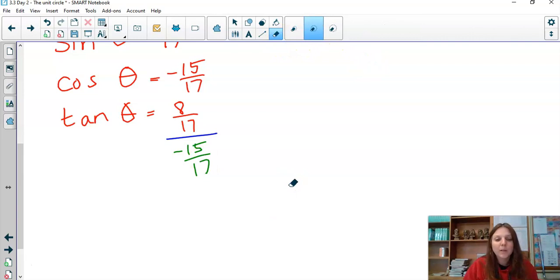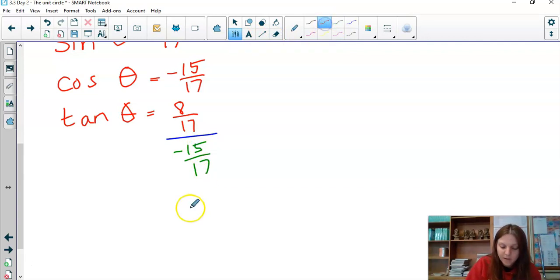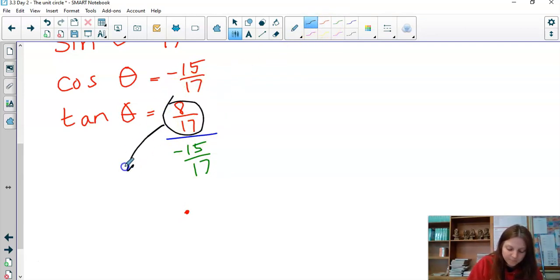So I'm going to have to simplify it. You're not able to divide by a fraction. Instead, you multiply by the reciprocal of that fraction that you're trying to divide. Okay, so I'm going to multiply by the reciprocal. Keep the top. That one stays.